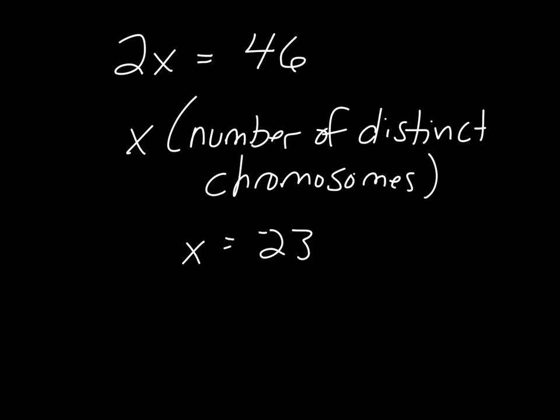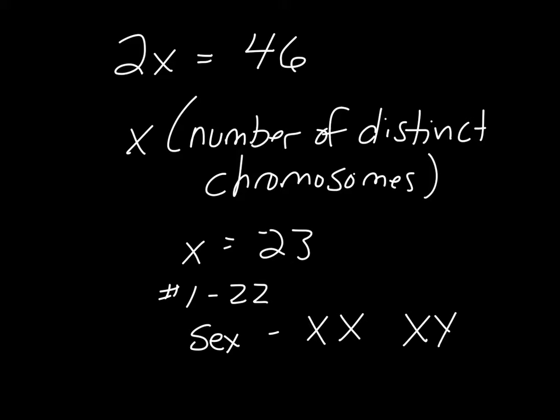Right? So we have chromosome numbers 1 to 22, and we have 2 of each of those, and then we have our sex chromosomes. So you are either XX or XY in normal situations, quote-unquote normal situations.